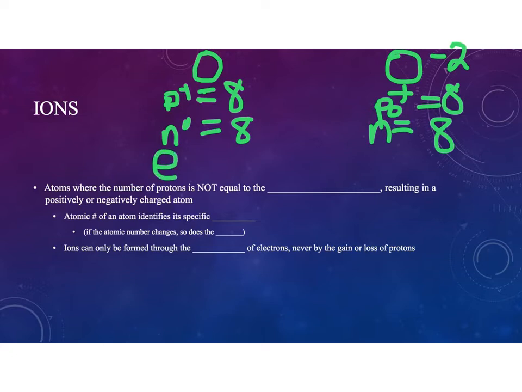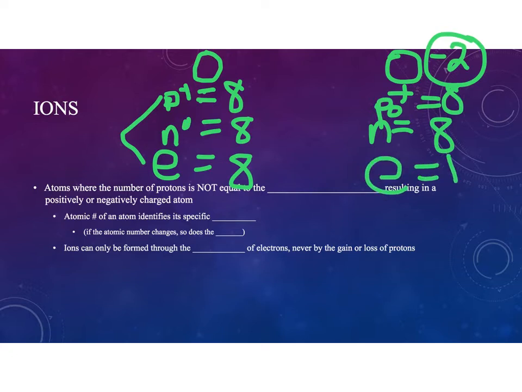And electrons, in this case, it's a perfectly stable atom, therefore protons equal electrons, and it'll be 8 electrons. And in this case, 2 minus means it's a negatively charged atom, therefore there should be more negative charge, more electrons. So 2 minus is 2 charges more than it was when it was stable, therefore it has 10 electrons.